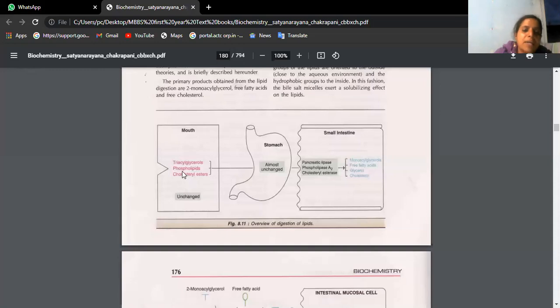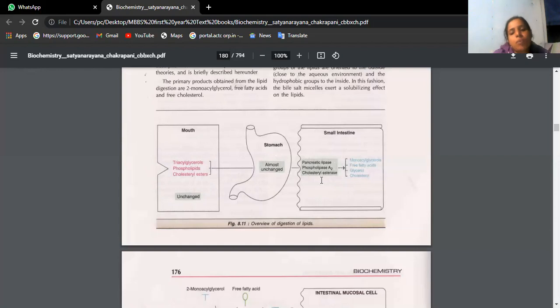It is in the form of triacylglycerols, phospholipids, cholesterol esters. They are not changed in the mouth because we do not have enzymes to break these fats. So it is going into the stomach. Even in the stomach, we do not have enzymes to break down these lipids. Hence it is entering into the small intestine.